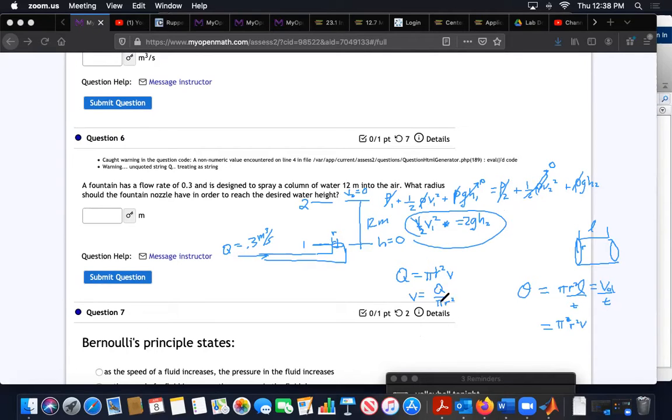And then I have to square this thing, so it ends up being Q squared over pi squared R to the 4th. And that's V1 squared equals 2GH. Then I'm solving for R now, so I multiply both sides by R to the 4th, divide everything by 2GH, and I get this equation.